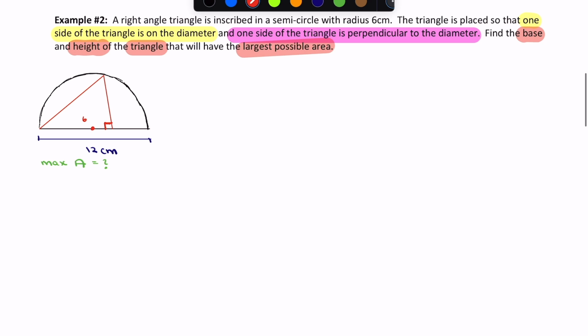So here we draw that line up. We know that the radius is 6. We don't know this little part from 6 to the end of the base of the triangle, so we'll label that as x.